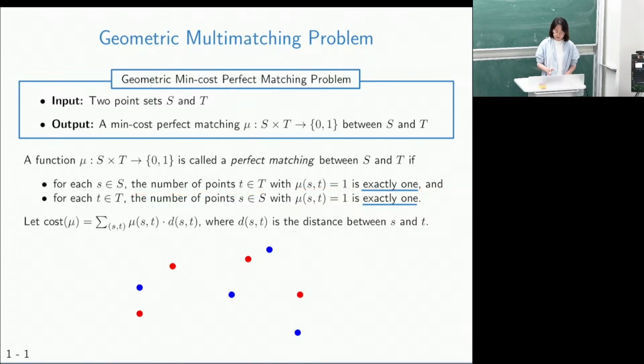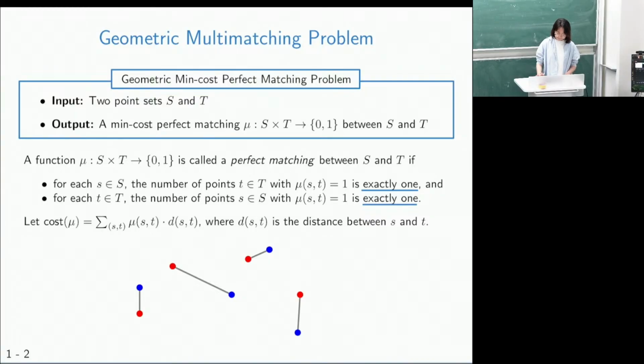That is, the degree is exactly 1, and symmetrically for each point in T, the number of points in S which are matched with it is exactly 1. And the cost is measured by the total edge length in the set. So in this case, this is a perfect matching, and it minimizes the total edge length.